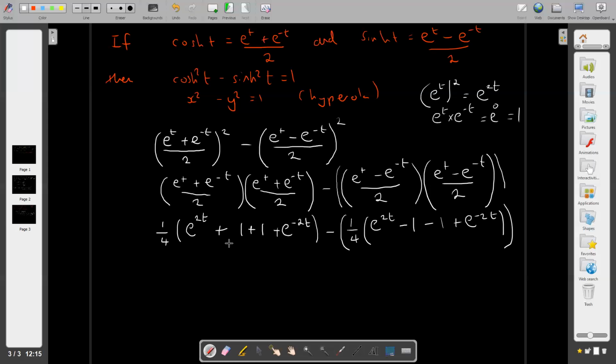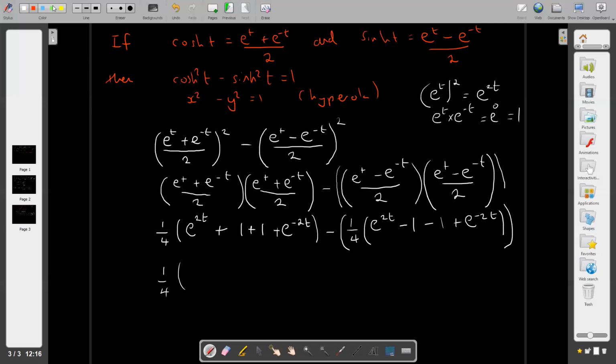Okay, so let's just have a think. I don't want to write all this out, and you can check if you really want to afterwards yourself, but let's just go for it. We've got a quarter as a factor of everything, so we can pull that to the front. We're going to have e^(2t) minus e^(2t), so they're going to cancel out.